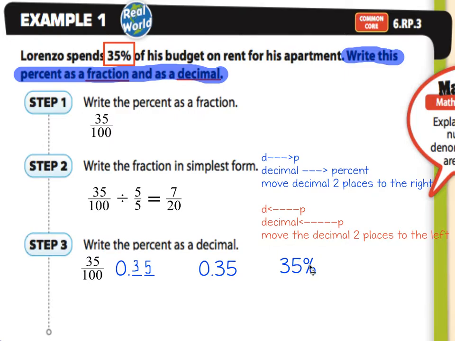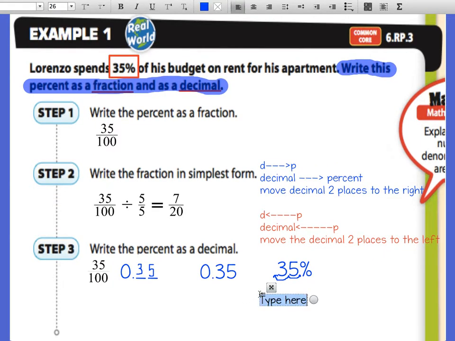So here I'm going from a percent to a decimal, so I know I will have to go left. I'm going to move that decimal 2 places to the left. Now I know the decimal is always at the end of the number, and I'm moving it 2 places to the left, so it'll go in front of the 35. So I would get 0 and 35 hundredths.